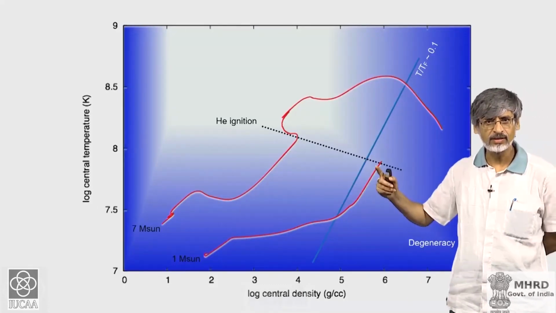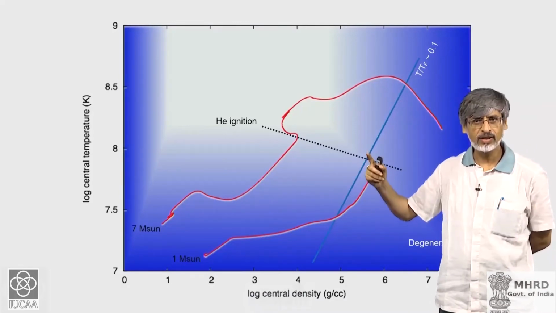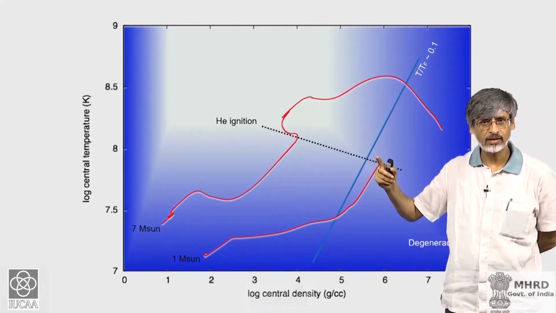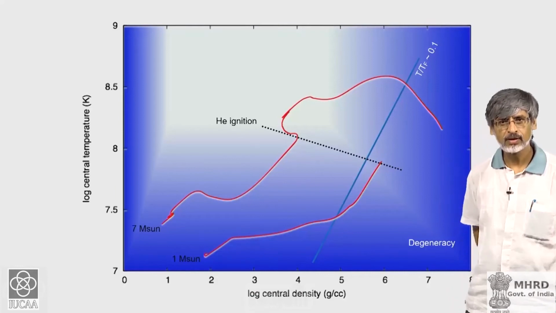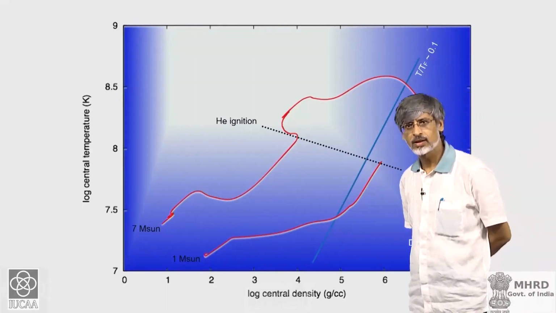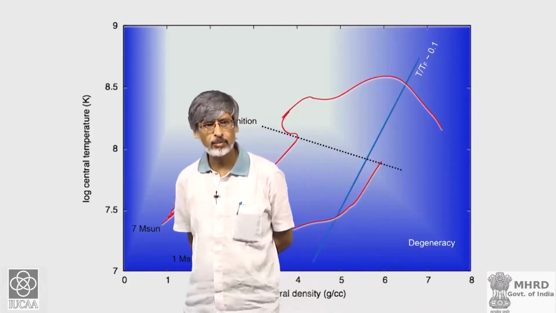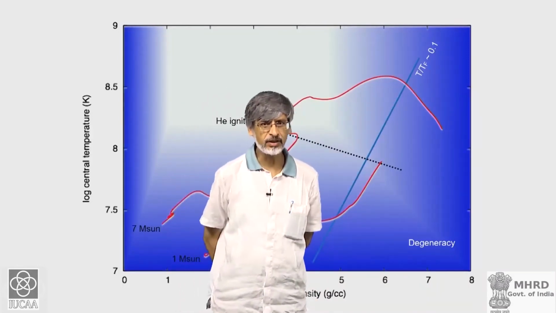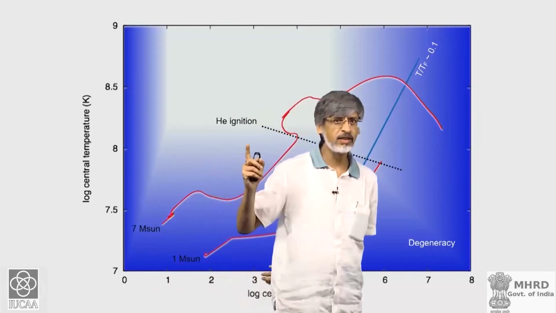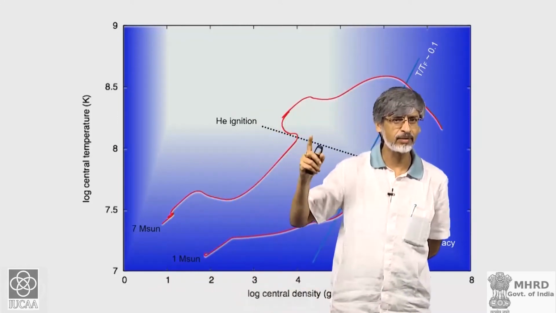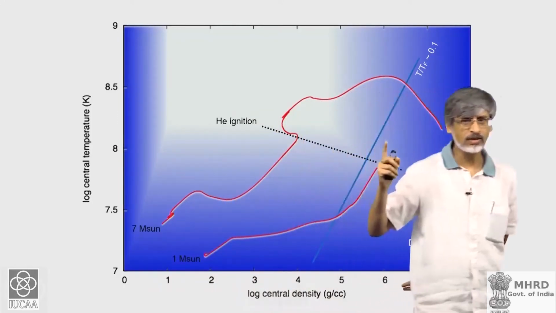Now, there is another solid line shown here, which demonstrates where the matter becomes strongly degenerate. So matter is weakly degenerate on the left side of the diagram and strongly degenerate on the right side.